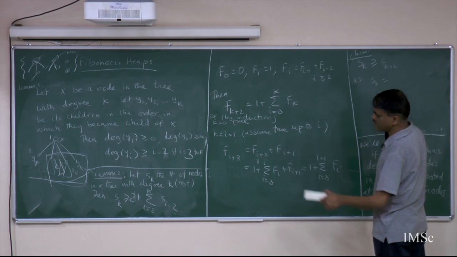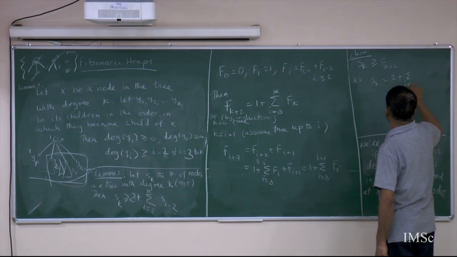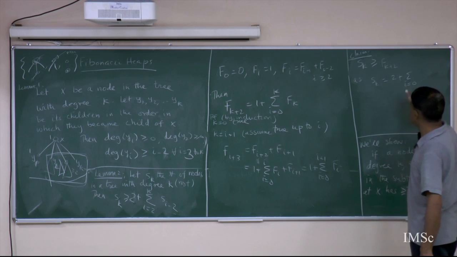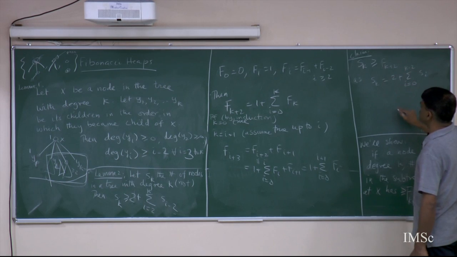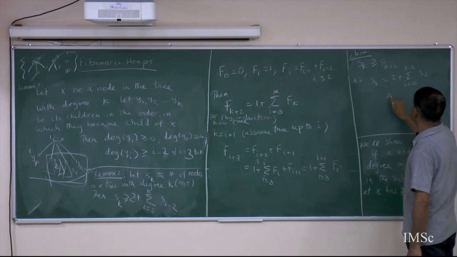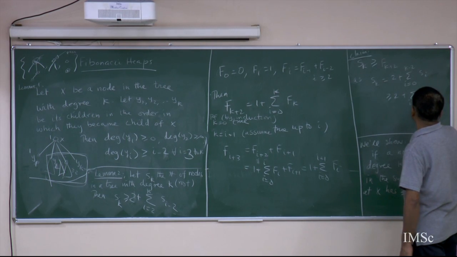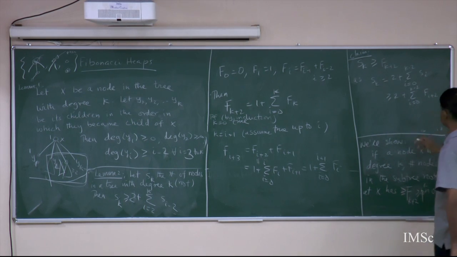So let me write this as 2 plus the summation i equal to 0 to k minus 2 of Si. And if you assume by induction hypothesis that Si is greater than or equal to F(i plus 2), this is greater than or equal to 2 plus the sum of these, so this goes from F2 to Fk.